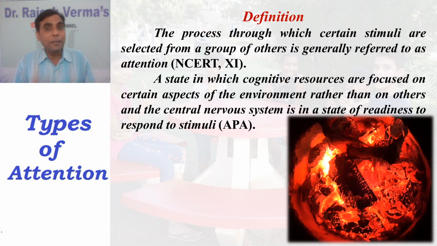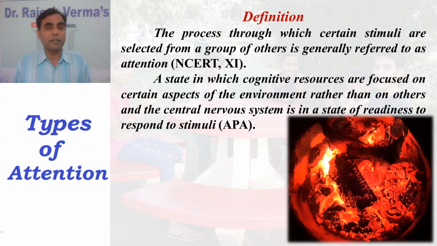So what does this APA definition of attention say? A state in which cognitive resources are focused on certain aspects of the environment rather than on others, and the central nervous system is in a state of readiness to respond to stimuli. So there are two or three major differences between the NCERT and APA definitions.